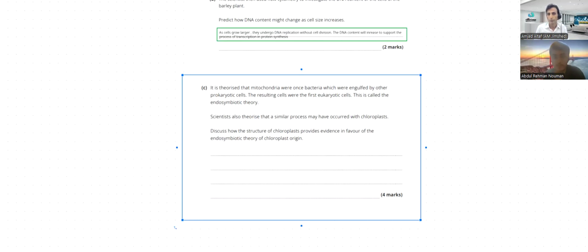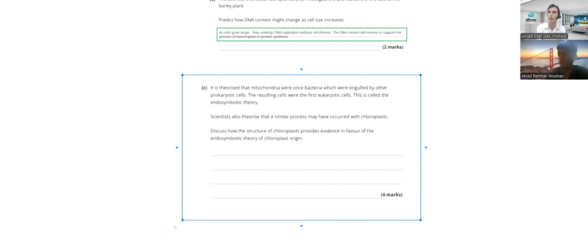First, they mean how the chloroplast was a prokaryote which was engulfed by a eukaryote. This is what the endosymbiotic theory says. The question is how the structure of the chloroplast proves that the endosymbiotic theory is correct, that it was a prokaryote.